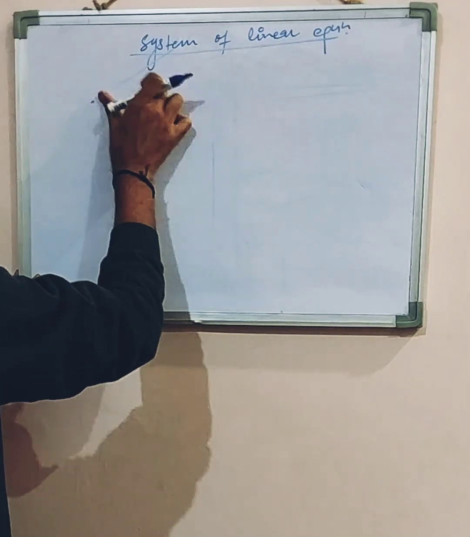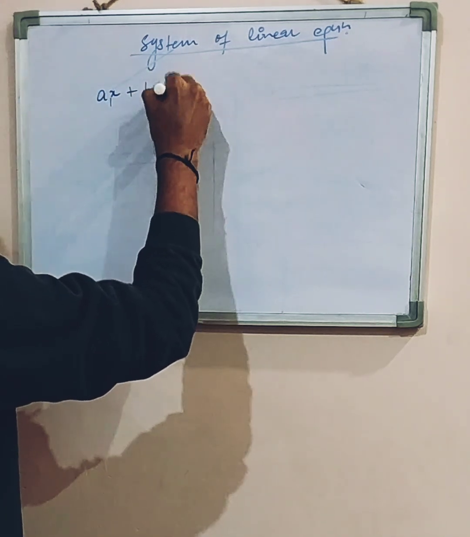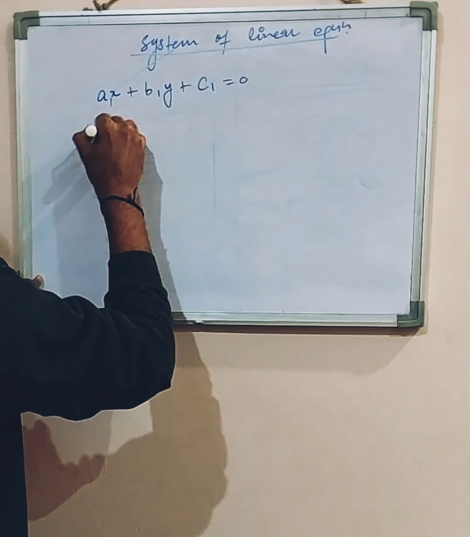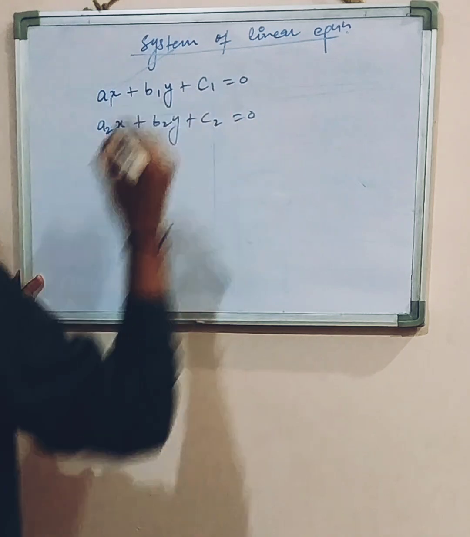If there are two equations, let's say a1x plus b1y plus c1 is equal to 0, and a2x plus b2y plus c2 is equal to 0.